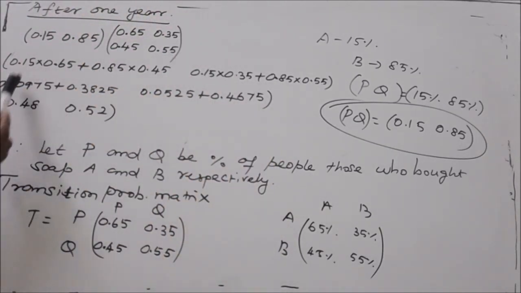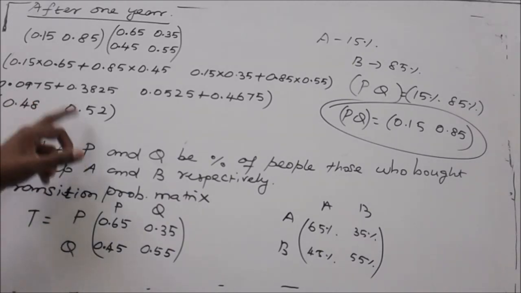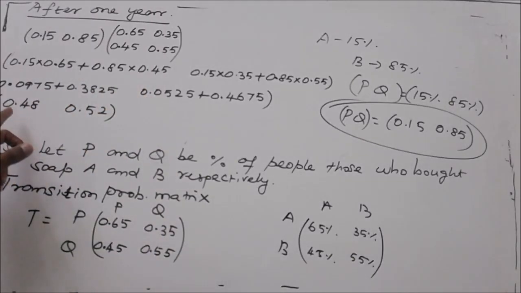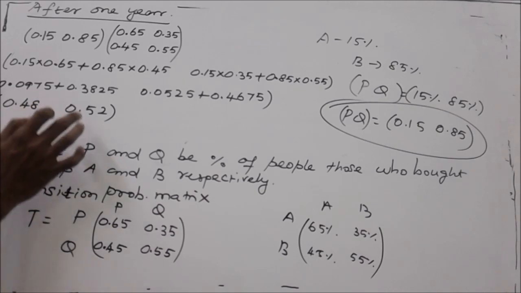Multiplying these values, we will get 0.48 and 0.52. Adding these results, after 1 year the distribution will be 0.48 and 0.52.